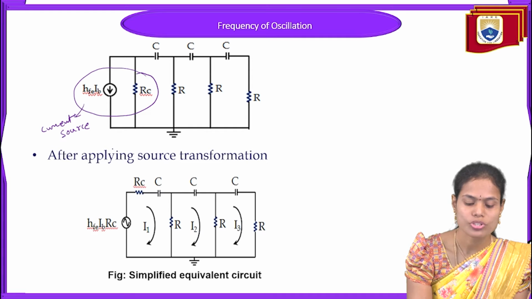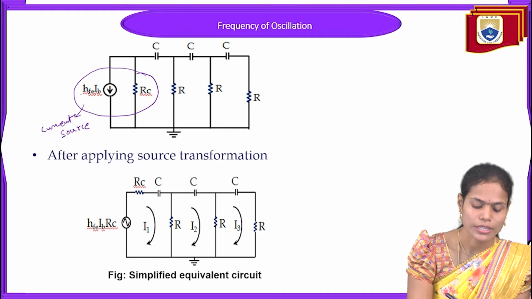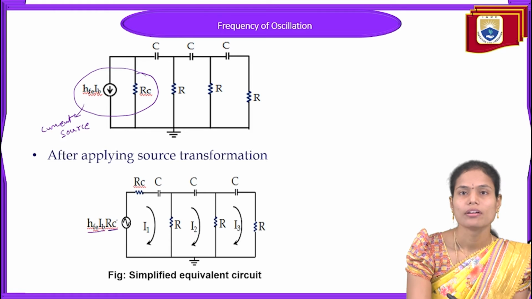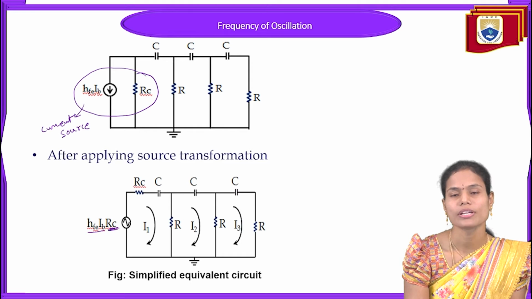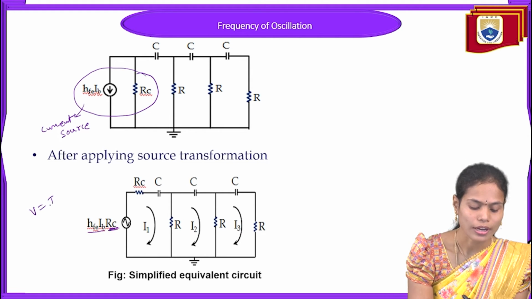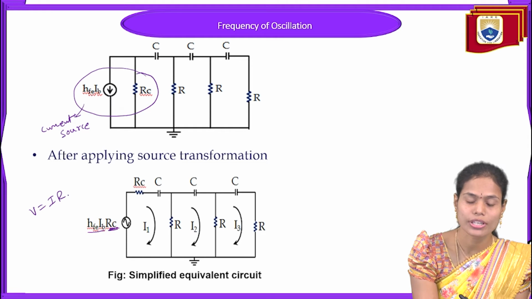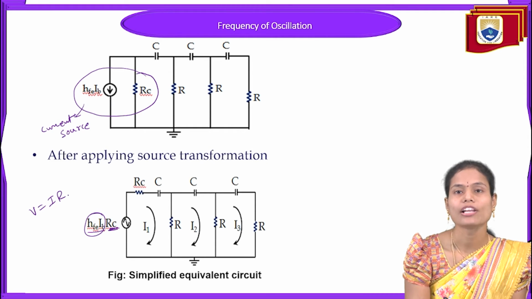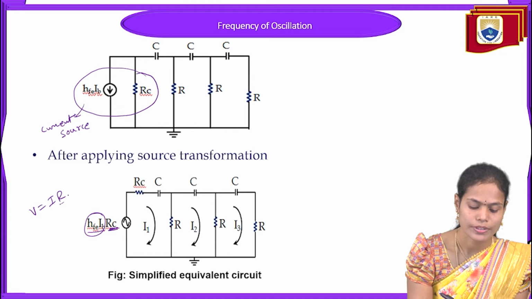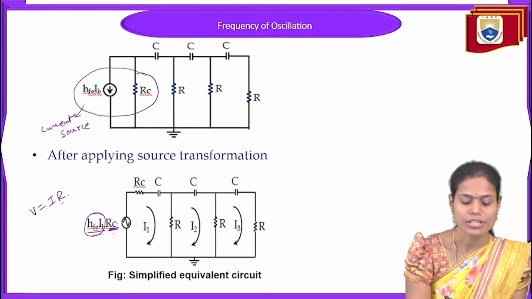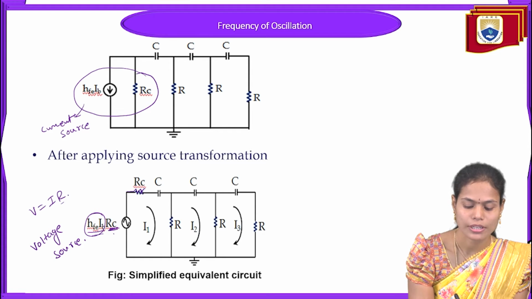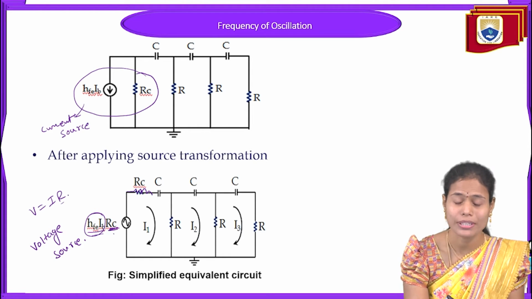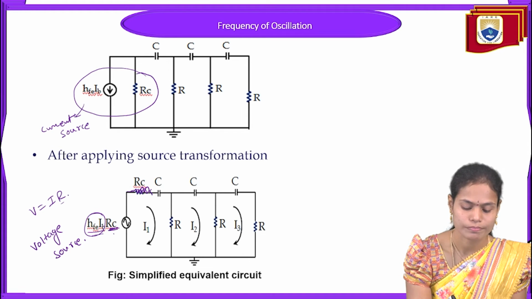After applying the source transformation, this will become HFE IB into RC, since V equals IR, where I is HFE IB and the resistance is RC. Once it changes from current source to voltage source, this resistance comes in series with the voltage source.